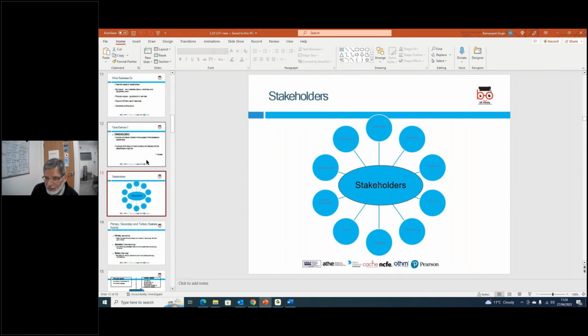The suppliers are stakeholders in the sense that they need money from the business, and if the business is not there, they can't have the business. Customers are stakeholders definitely, and the government is also a stakeholder in that business because they get revenue from the business in the form of tax.